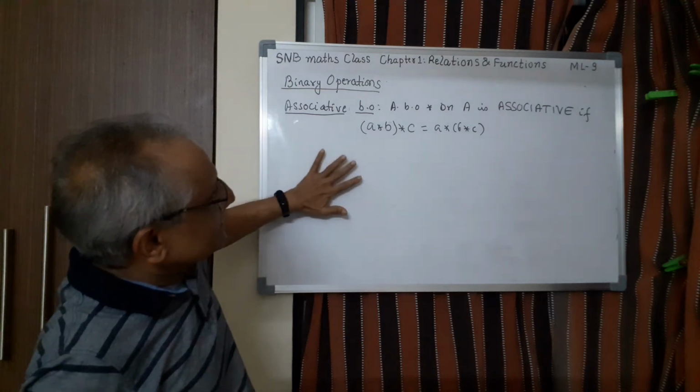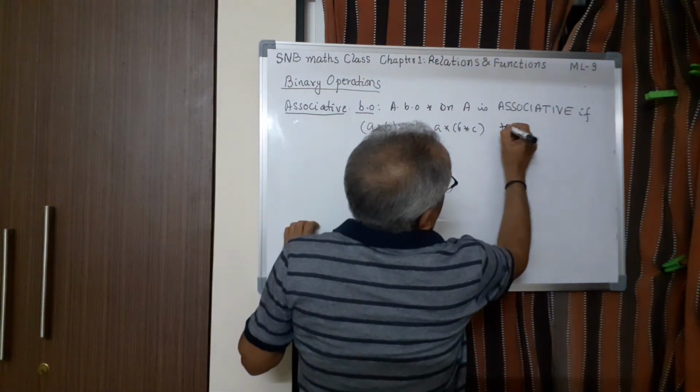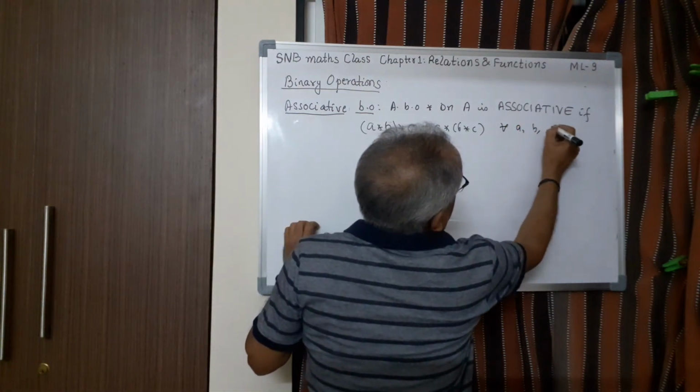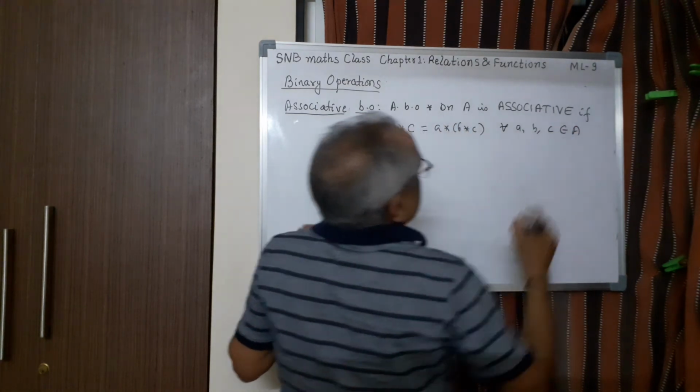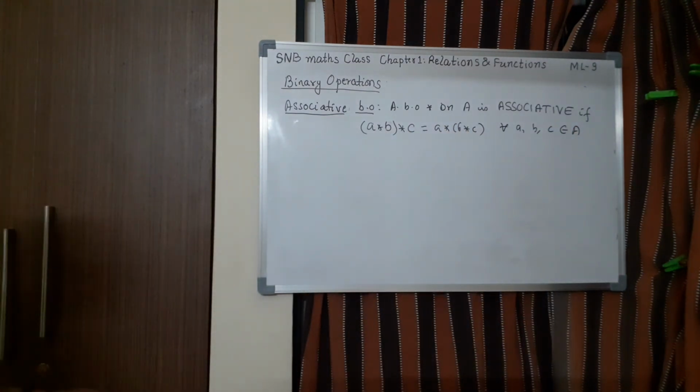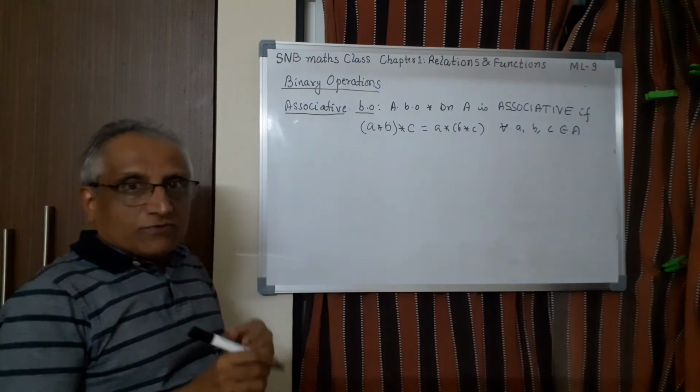If that is the case, for every A, B, C belonging to A. So this is the definition of associative binary operation.